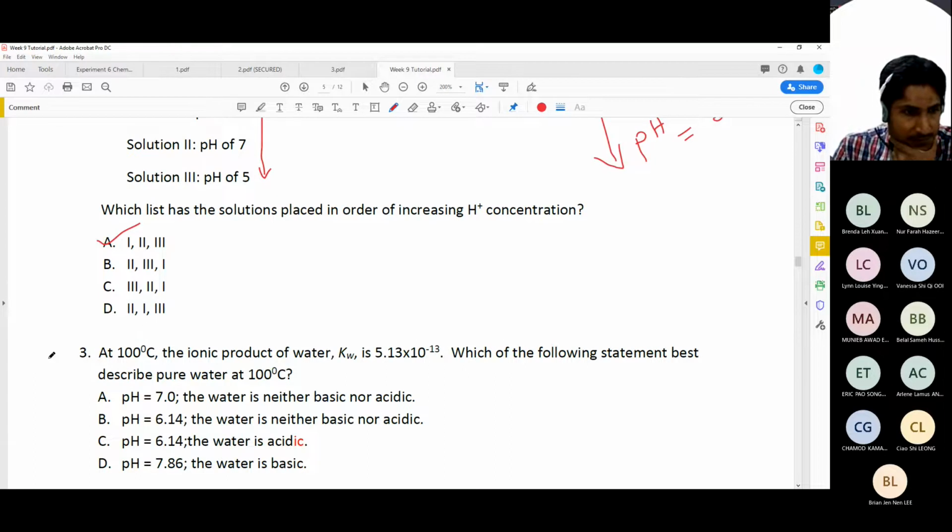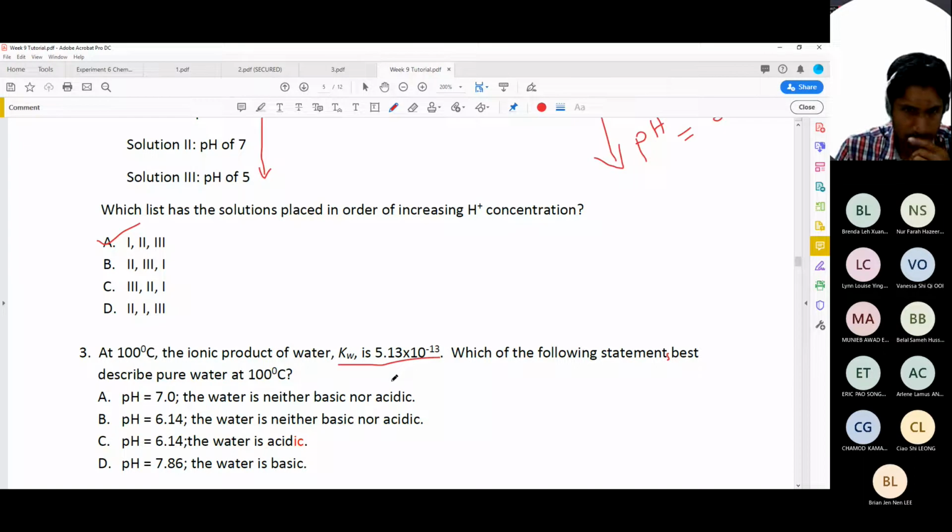Question number 3 says that at 100 degrees centigrade, the ionic product of water, Kw, is this, right? Which of the following statements best describes pure water at 100 degrees? Among these 4 statements, which one is best suited?